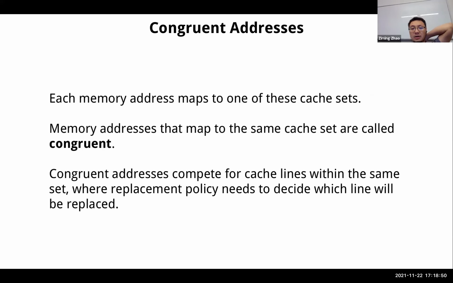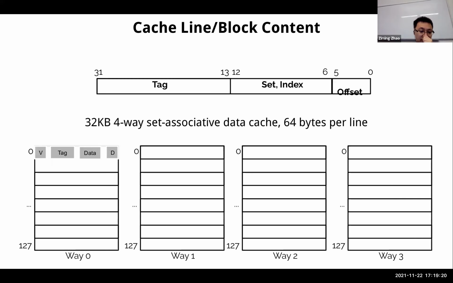Obviously, the cache is much smaller storage than the main memory. Even though for one memory address there are several places in the cache it can go, there are many more different addresses in the memory that could go to the same cache set. For example, we have a different tag here.